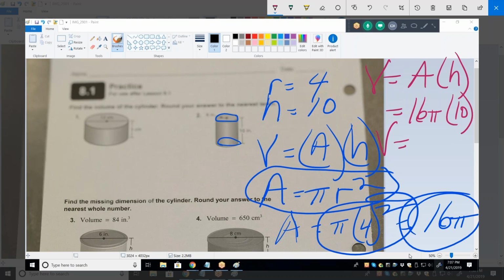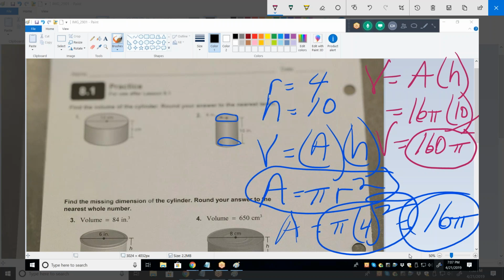Well, that's 160 pi. Okay? Actually, the proper answer: the only reason they're having you round it off is because you're in first semester geometry. Once you go any higher in math, they will not have you rounding off pi. You will give your answers in terms of pi. 160 pi is the correct answer.